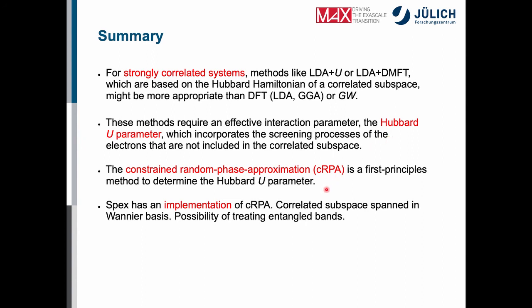The constrained random phase approximation is a first principles method to determine the Hubbard U parameter. Spex has an implementation of CRPA. The correlated subspace is spanned in a Wannier basis, and we have a possibility of treating entangled bands.